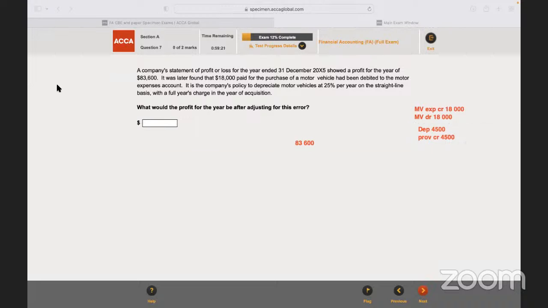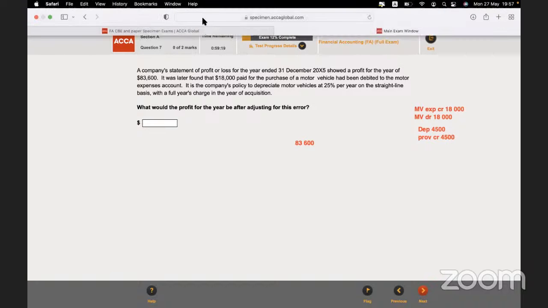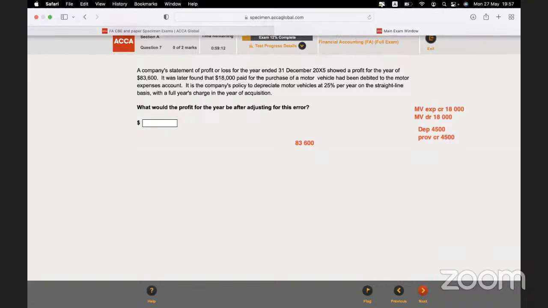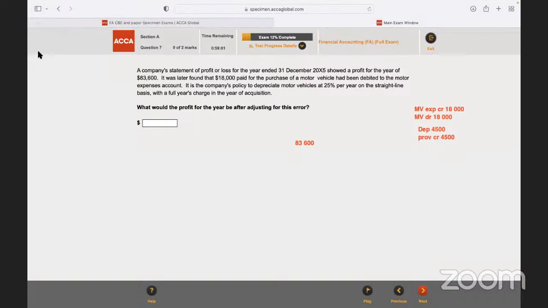Now guys, don't forget the ultimate part of the question. What's the ultimate part of the question? It was later found that the purchase of a motor vehicle, yes, it's a non-current asset. Since the vehicle is a non-current asset, we are going to depreciate.